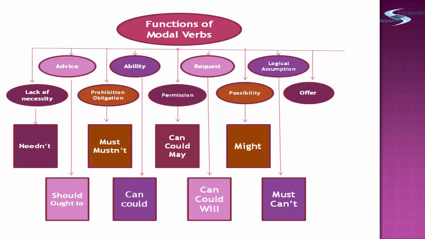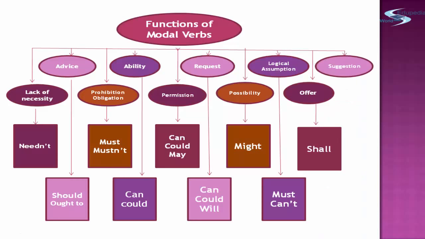The next function is for offer. And the modal verb that can be used under this function is shall. And the last possible function could be for suggestion. And the modal verbs are can, could, and shall.